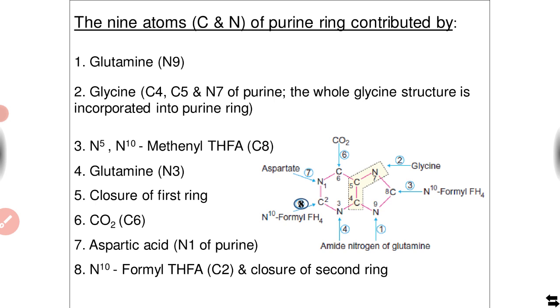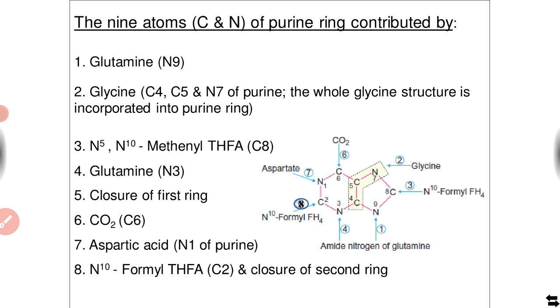On addition of aspartic acid, an amino nitrogen from the aspartic acid is added to C6 to form amino imidazole carboxamide ribonucleotide, which is formylated to form formyl amino imidazole carboxamide ribonucleotide. And the closure of the second ring happens, and finally the parent purine nucleotide, which is inosine monophosphate, is formed.